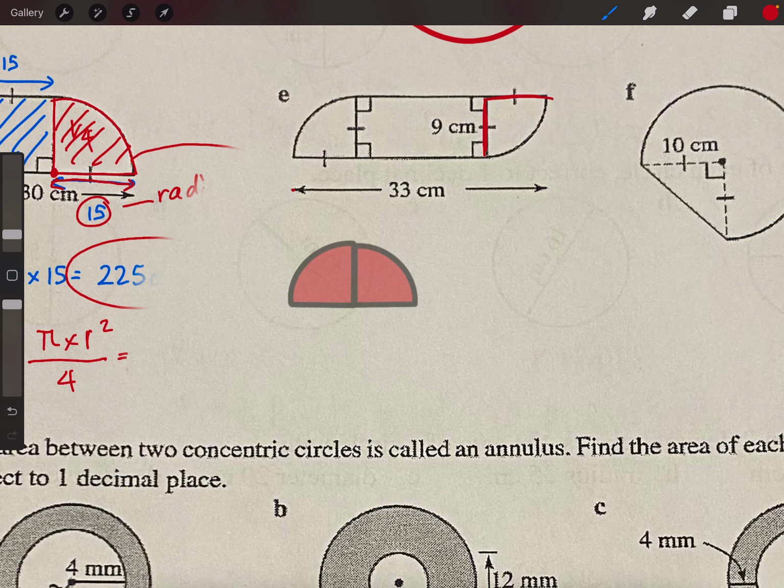First, it says here this is 9, which means that this must be 9 and this must be 9. So here we got 9 and here we got 9. That means this distance from here to here is also 9. So 9 plus 9 is equal to 18, and we take 33 take away 18. I want to get this distance in the center, from here to here.